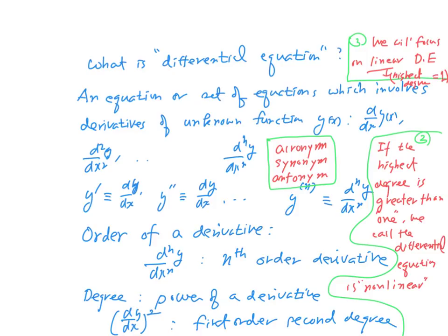So for example, this is the simplest type of differential equation. And fortunately, in this case, you know the answer, right? y is arctangent x.